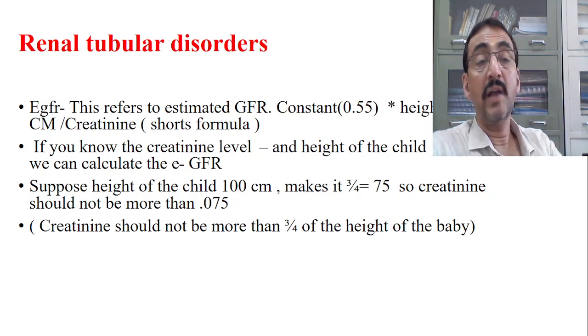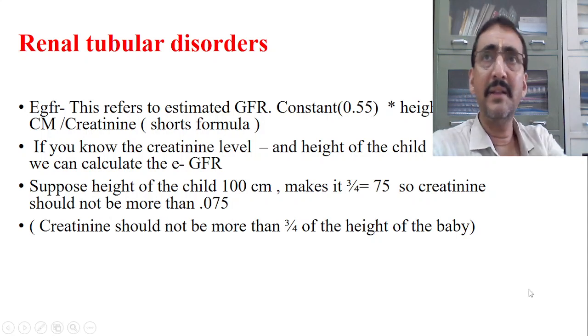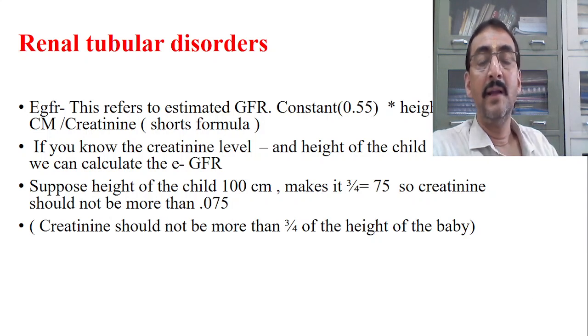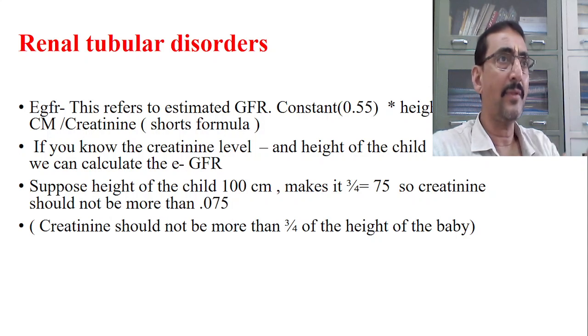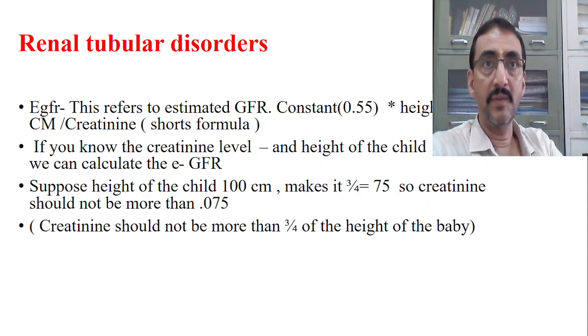Suppose the height of the child is 100 centimeters, and take 3 by 4 of that, which is 75. So the creatinine should not be more than 0.75. This is another very short formula, which I have taken from some of the experts.